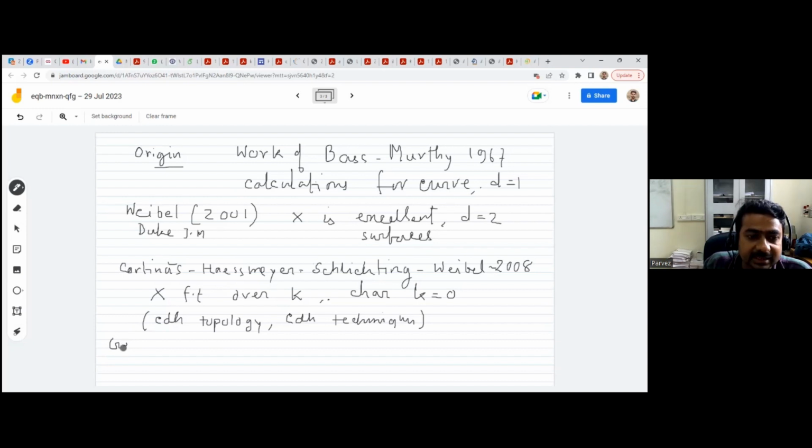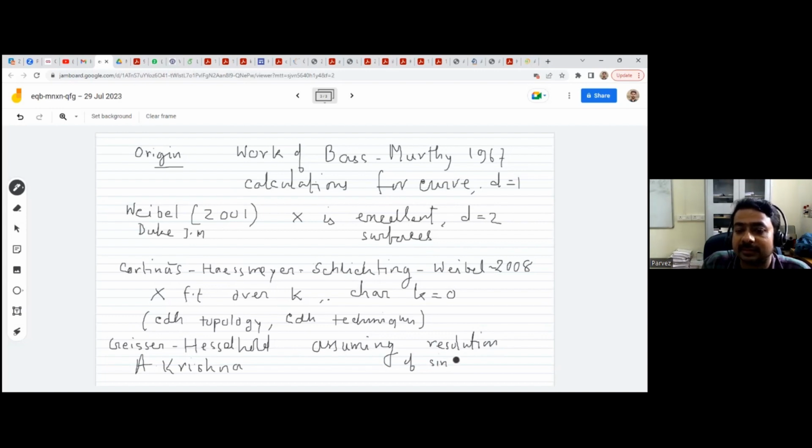Then there is Geisser and Hesselholt in characteristic p. They worked on characteristic p, and Amalendu Krishna also, both of them in different papers. They are assuming resolution of singularity, and they have some results in characteristic p.